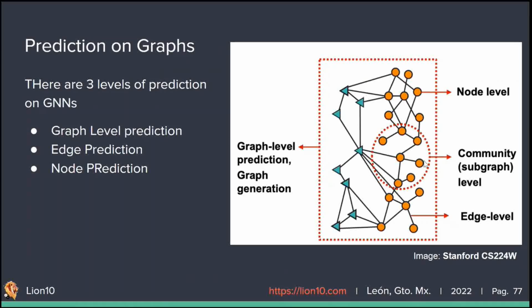And I don't think we'll cover community prediction, which is a different sort of problem that we're not covering here. But just for completeness, community detection is usually a clustering approach on graphs, where we want to determine, based on different attributes or on the graph structure and attributes, how to partition a graph into different communities.